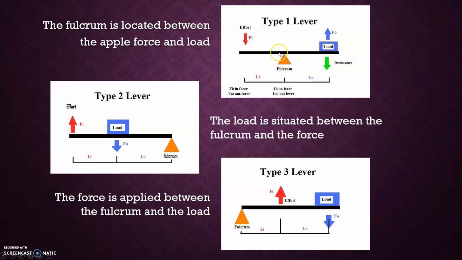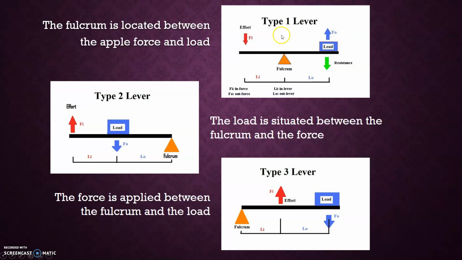That's a first-class lever. Second-class lever, the fulcrum is at the edge, and the same with the third-class lever. The fulcrums are always on the edges. The difference here is that the effort is pulling up while the load is down in the middle. Third-class lever is the effort is pulling up in the middle and the load is down at the end.